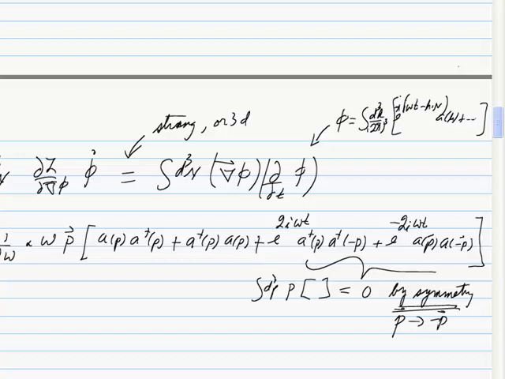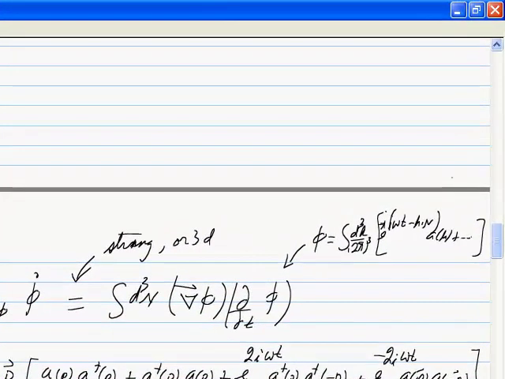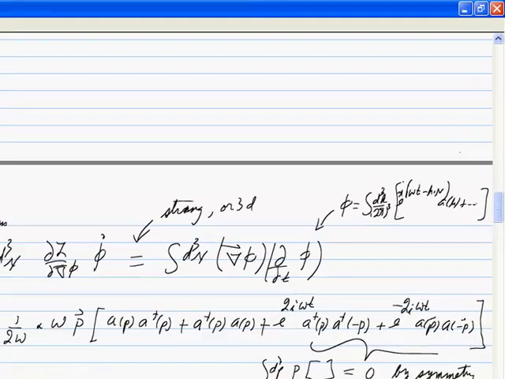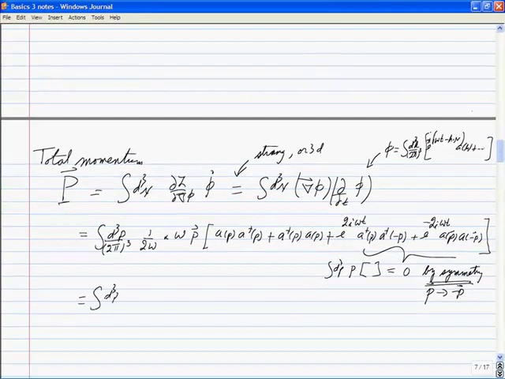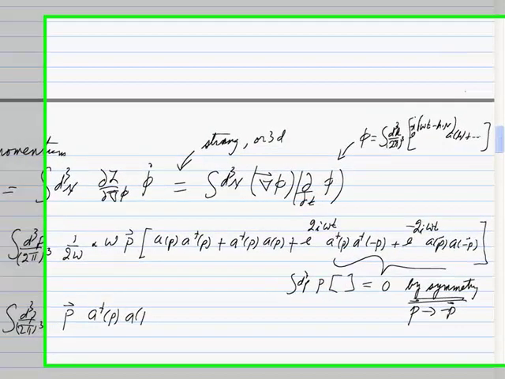Or put otherwise, when this is a positive quantity and when this is a negative quantity, you get equal contributions because this is symmetric, so they cancel. The end answer then comes out to be the integral d3p over 2 pi cubed, p, a dagger of p, a of p.